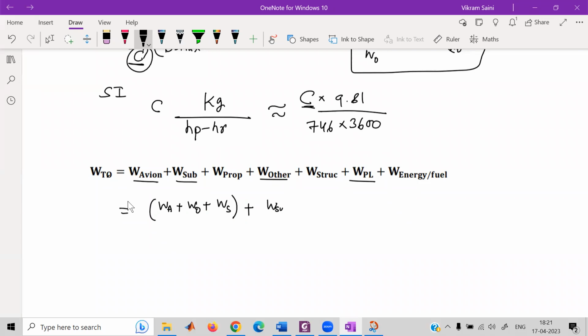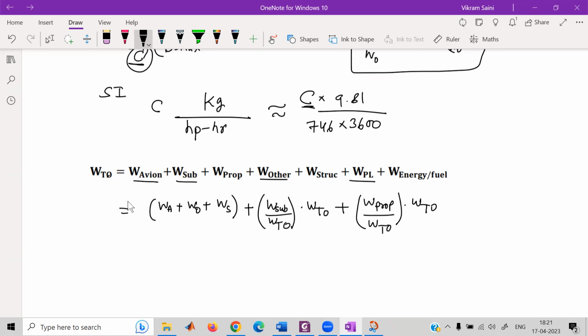So W sub divided by W takeoff. This is the fraction, and you multiply this fraction with the WTO. Similarly, you do this for propulsion, and you divide it with takeoff weight and multiply with the takeoff weight.